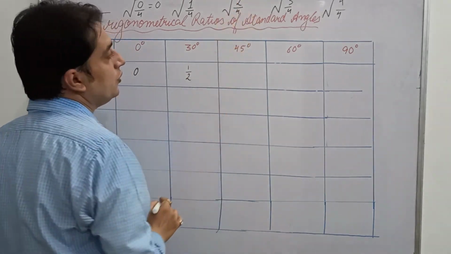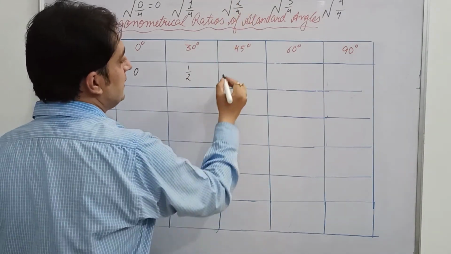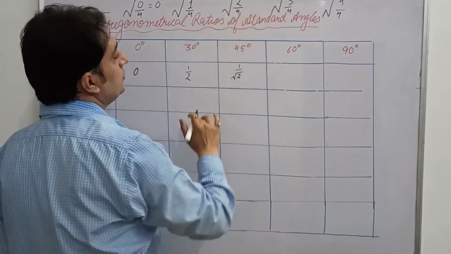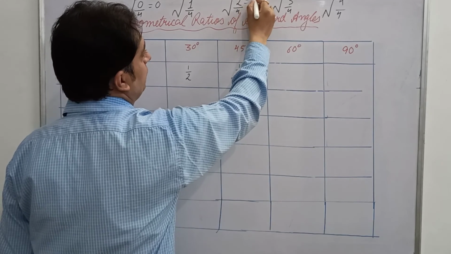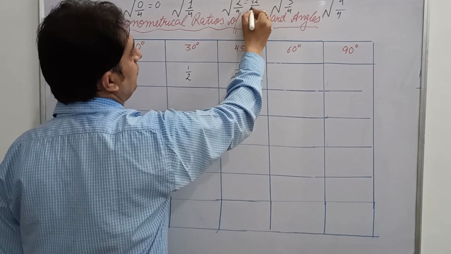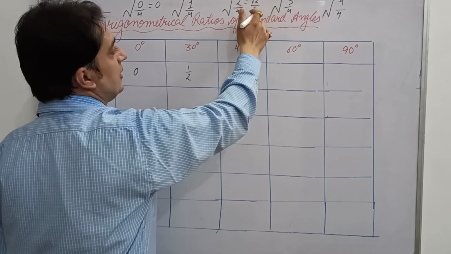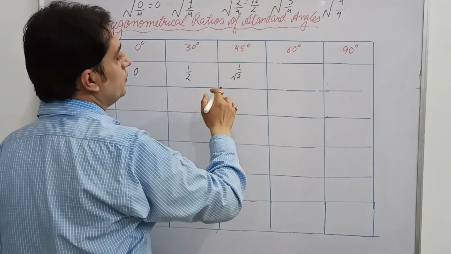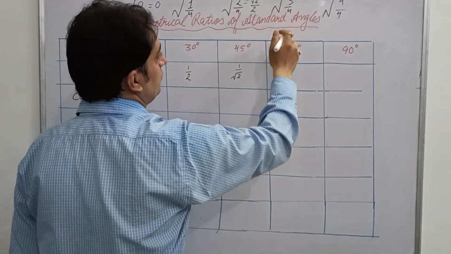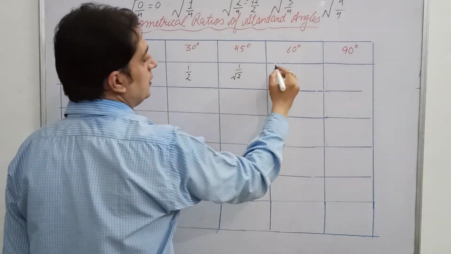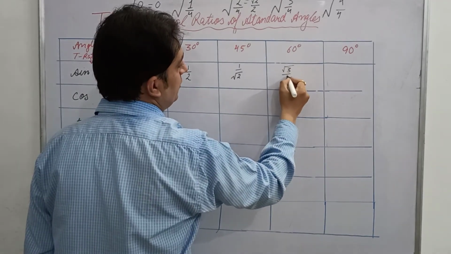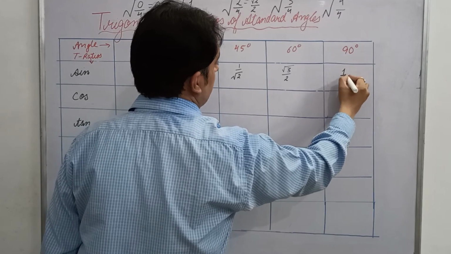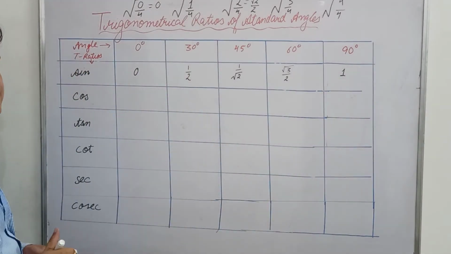Square root of 2 by 4 is 1 by root 2, because square root of 2 is as it is, square root of 4 is 2. Again you can write this 2 as root 2 into root 2, so root 2 cancels out with root 2, the value is 1 by root 2. And the root of 3 by 4, so root 3 as it is and root 4 is 2. And 4 by 4 is 1, square root of 1 is 1. So these are the values of sine.